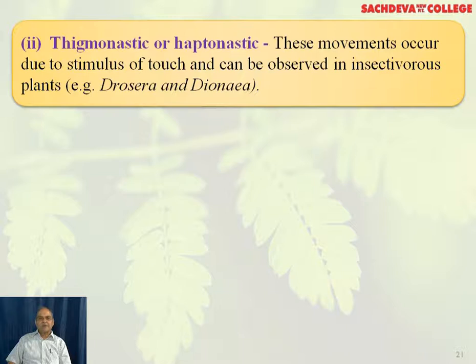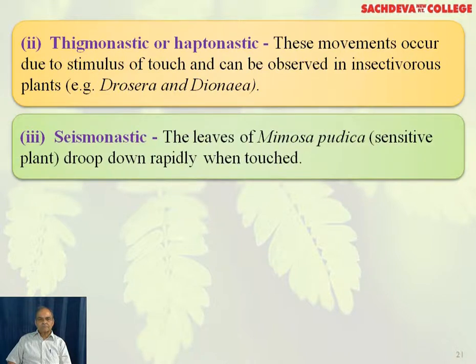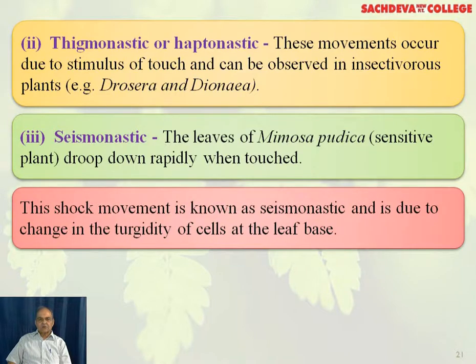These movements occur due to the stimulus of touch and can be observed in insectivorous plants like Drosera and Dionaea. Seismonastic. The leaves of Mimosa pudica, the sensitive plant, droop down rapidly when touched. This shock movement is known as seismonastic and is due to change in the turgidity of the cells at the leaf base.